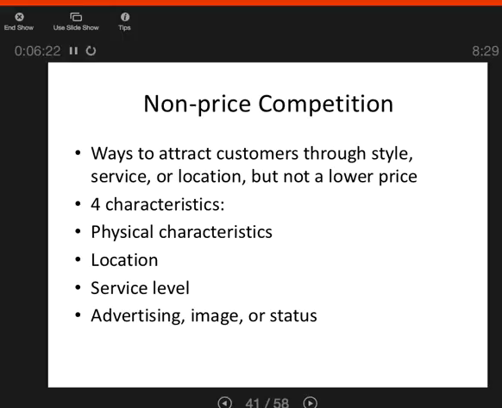So this is why gas stations, theaters, grocery stores will purposely put their stores in different locations to make themselves more convenient to others, but at the same time want to be in a location where people are going to go. So this is why you wouldn't find a Target out in the middle of nowhere. It just wouldn't make any sense for their competition for this.